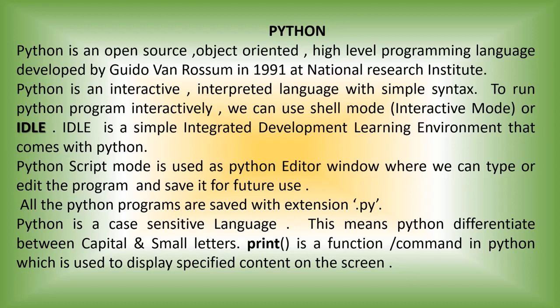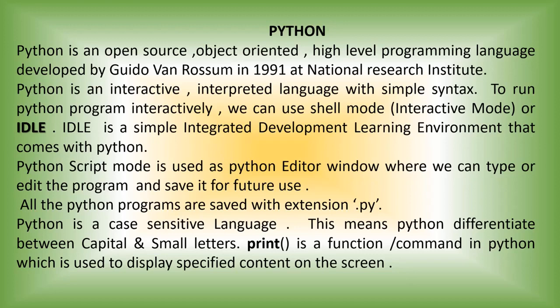But the interpreter executes one command, one line at a time. If there is any error message, it will show the error message. Only after correcting that error will it go to the second command or second line. So line by line execution takes place in an interpreter. Python is an interpreter language.